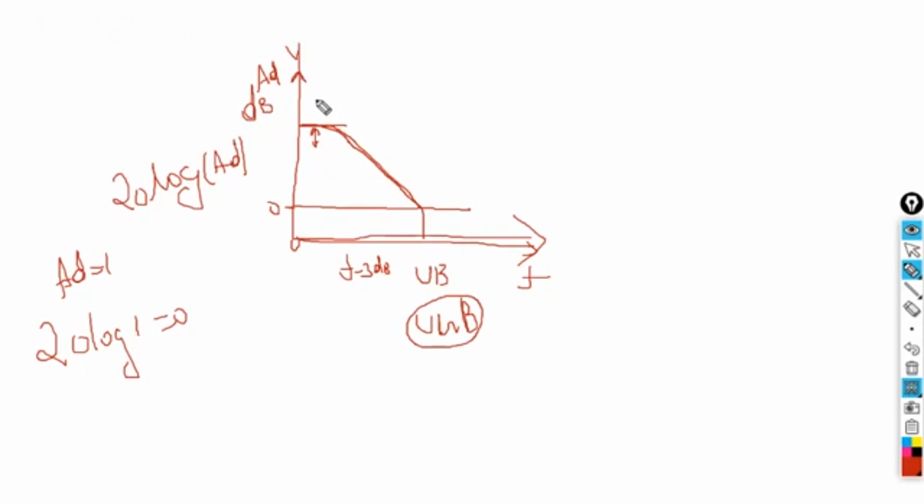So bandwidth represents the frequency range over which the amplifier works. This is the first one.